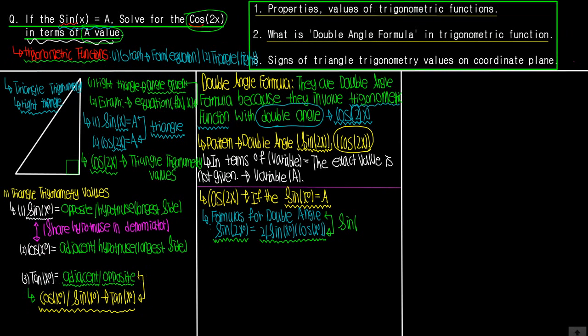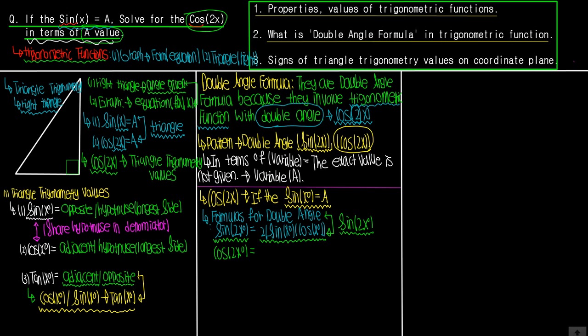Now let's go to the second one. What is the formula for the cosine of 2x degrees? The cosine of 2x is a little bit different.